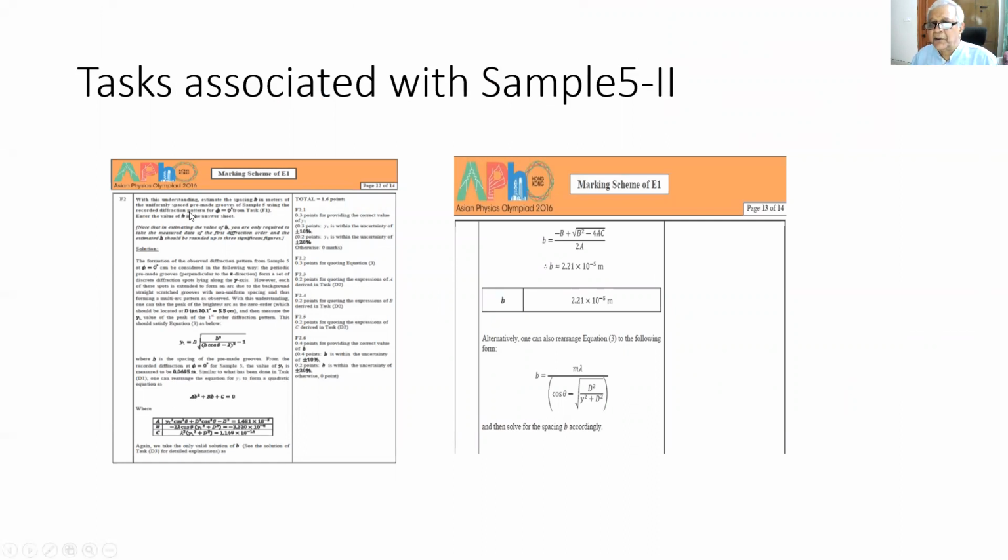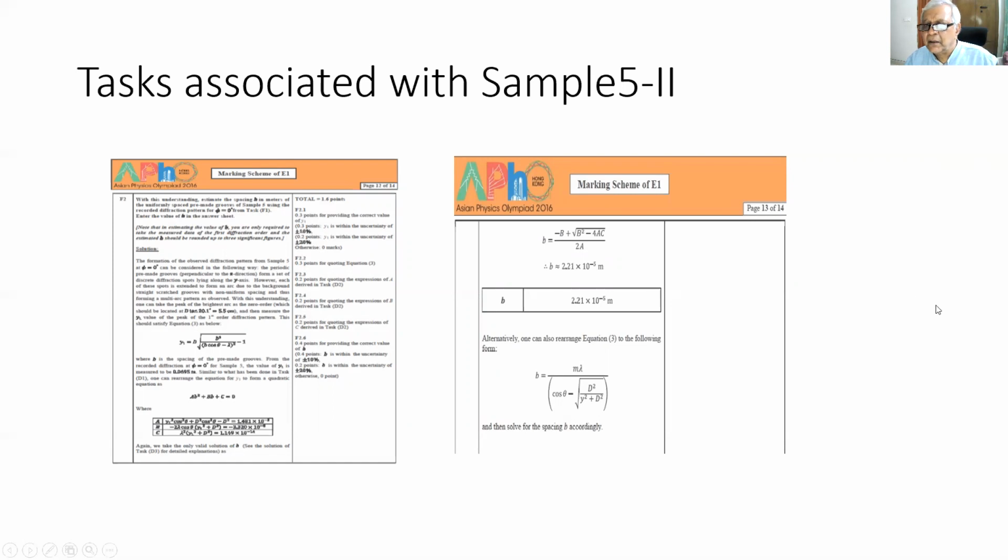Now you have these two gratings, right? One is a non-uniform grating and the other is a uniform grating, and they are at 90 degrees to each other. So the pattern that you are going to see is actually a convolution of the patterns of the two things. And with that, the distance that you see, if you remember the graphs that we had, enter the value of B from the graphs.